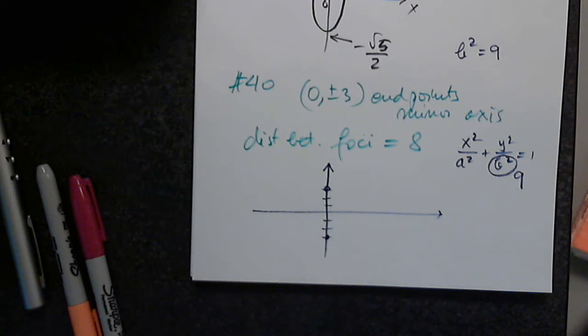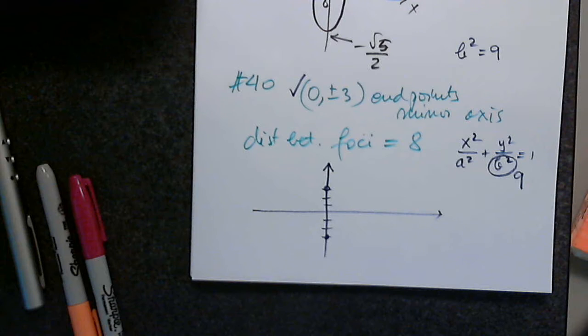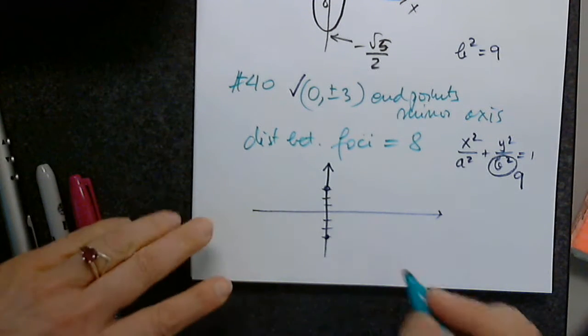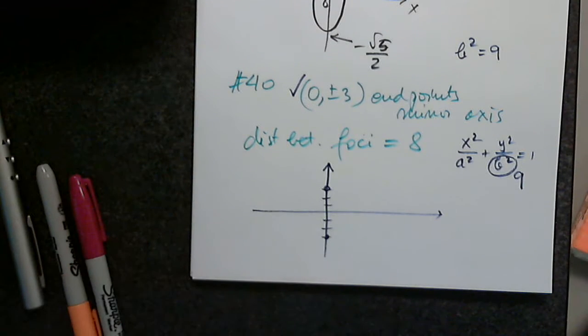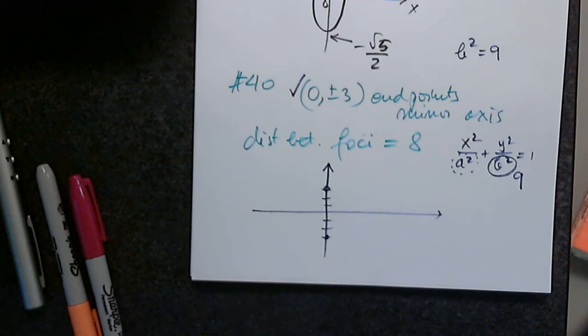Yes. So I took care of this. Now I do not know what the major axis is yet. Once I have this, then I'm done. So I don't know where the vertices are. Once I find out, then I'm done.